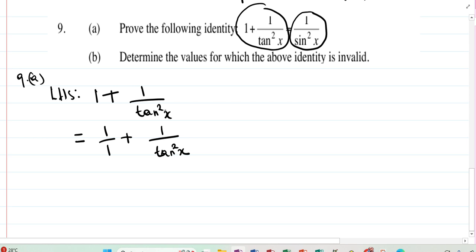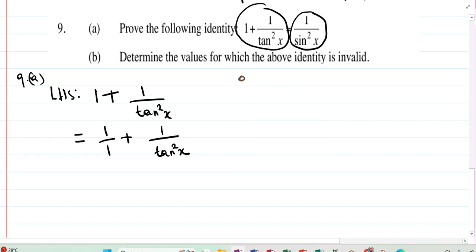And then from here, how do I take it further? Normally there is this strategy that I like.